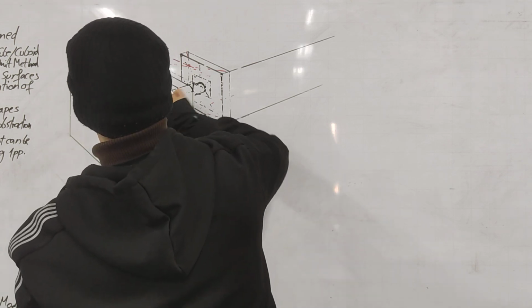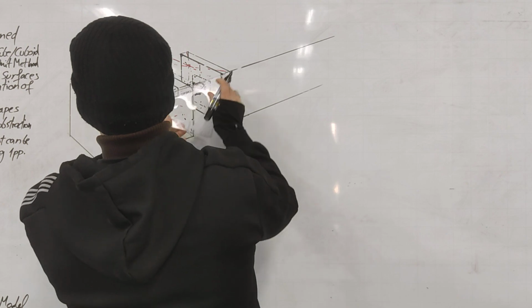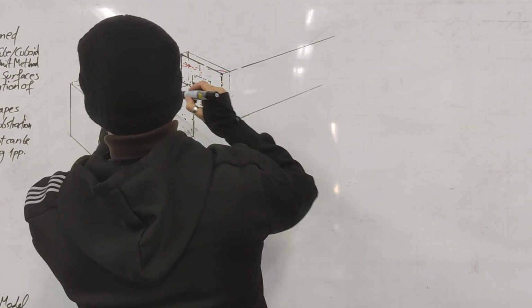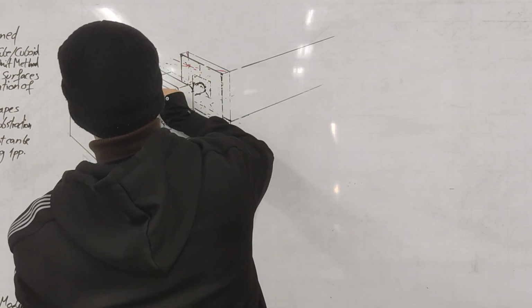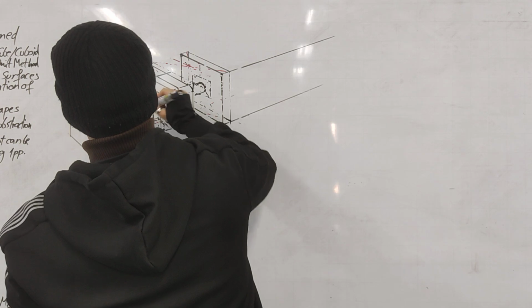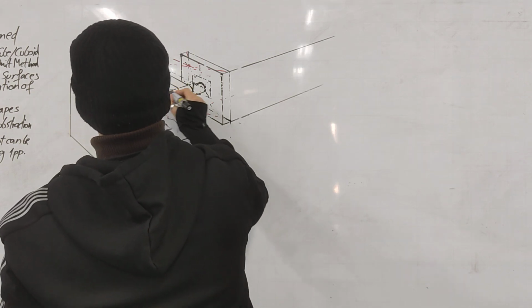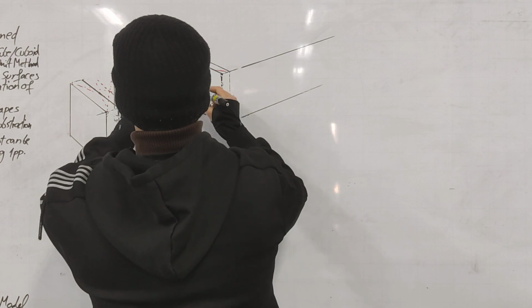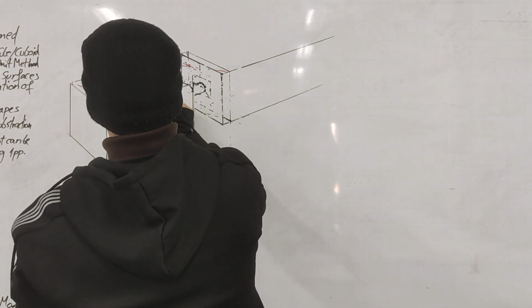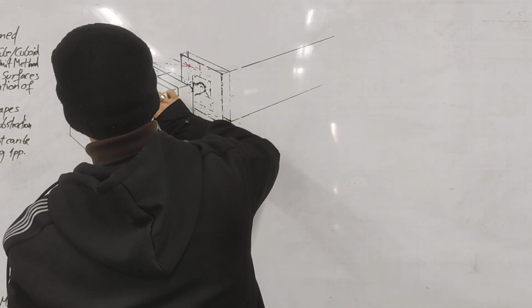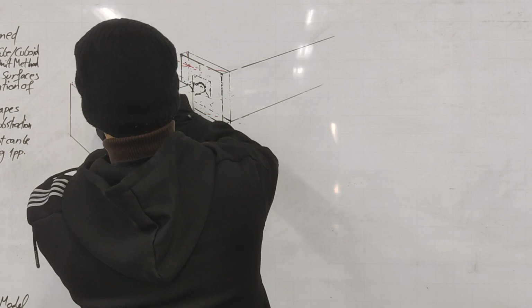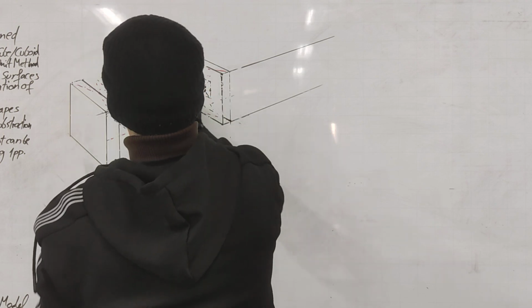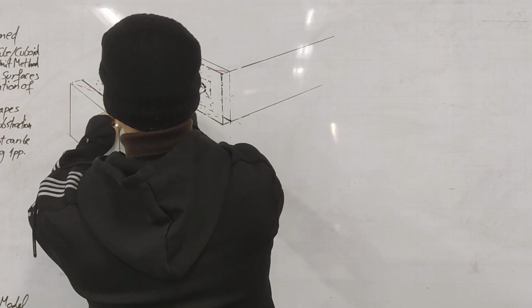Let me simplify this a little here. Scale it down. Shall we do it this way or this way? Okay. Maybe we'll leave it just this way better. This down.